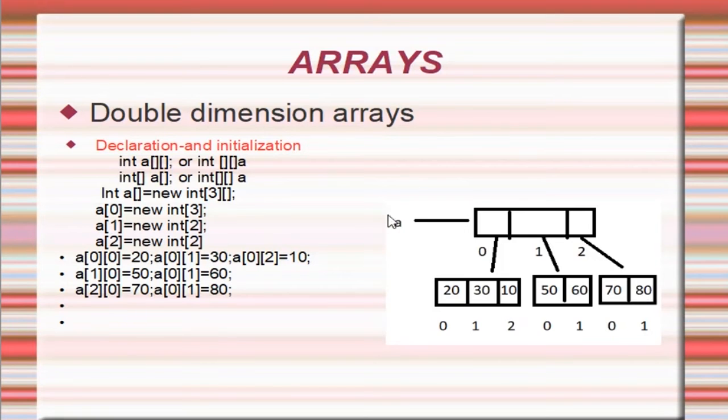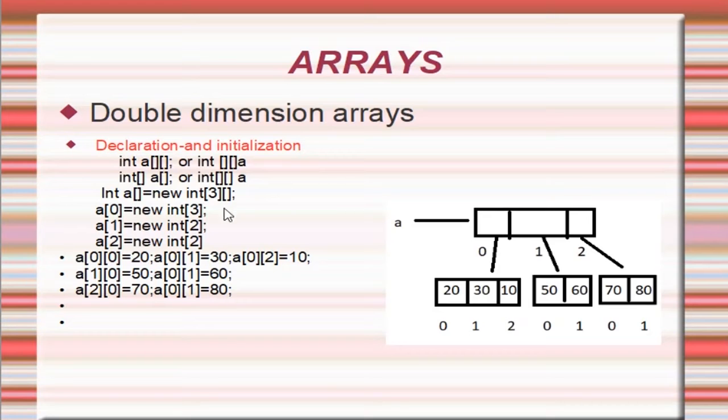Here you have to remember that for each array the index again starts from 0. This is one sub array, this is one sub array, and this is one sub array. We have 3 sub arrays. Like this you can write 3 dimensions, 4 dimensions, whatever dimension you want you can write.